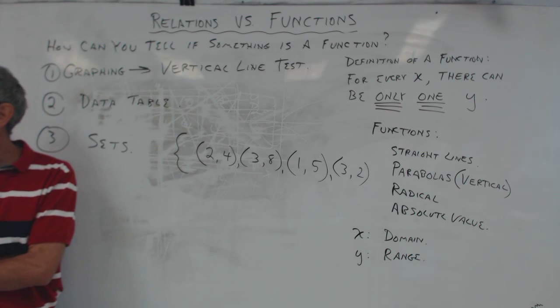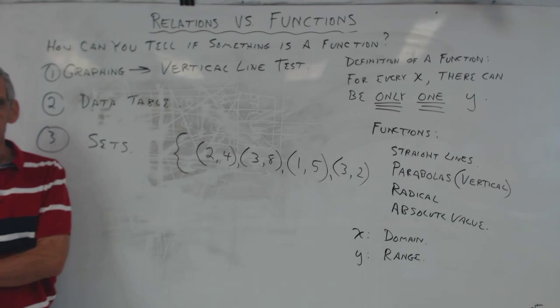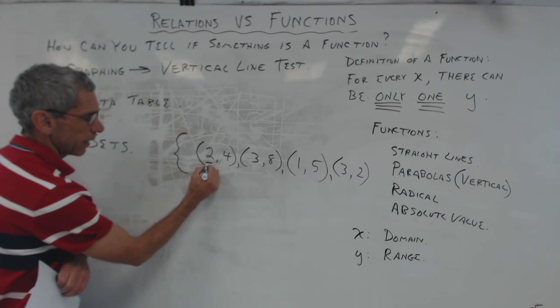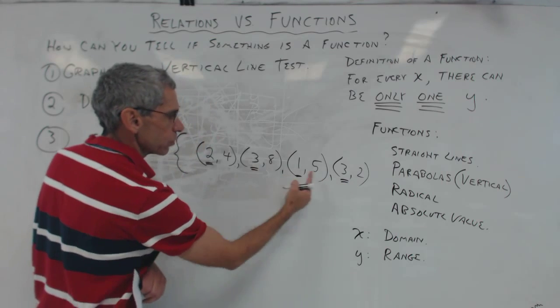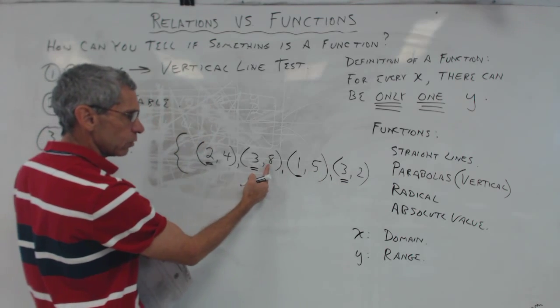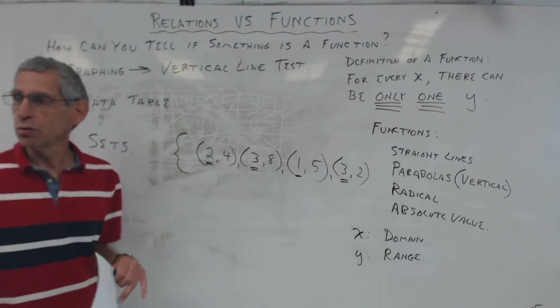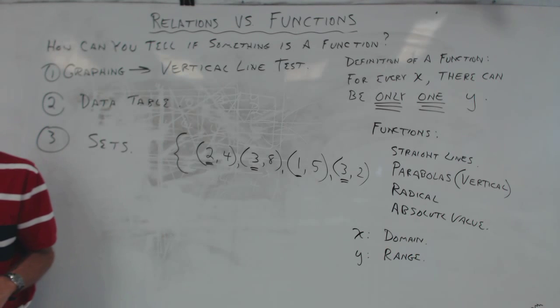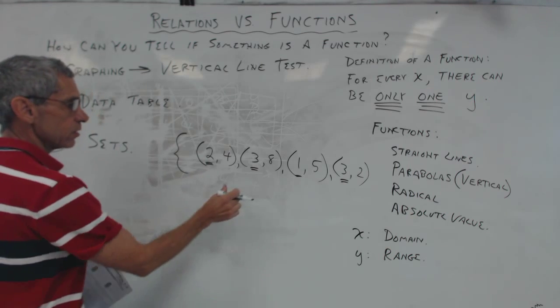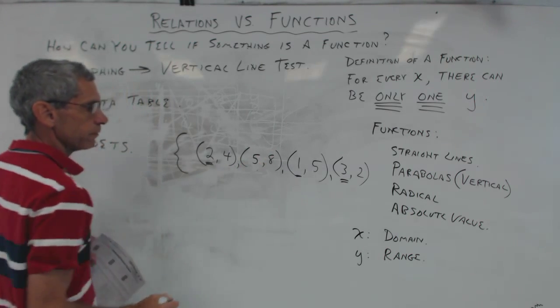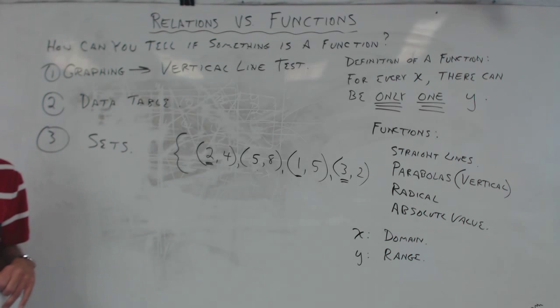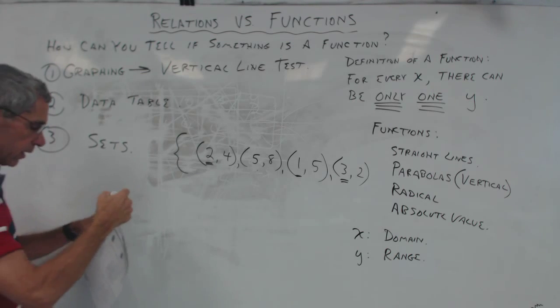Just make sure you're only looking at the x at first. The domain, 2, 3, 1, 3. Oh, there's a repeat of 3's. So now we look at the y, 8 and 2, two totally different values of y. Therefore, it is not a function. Had this been a 5, then we would have been fine. Then it would have been a function, right? Make sense? Okay, great.